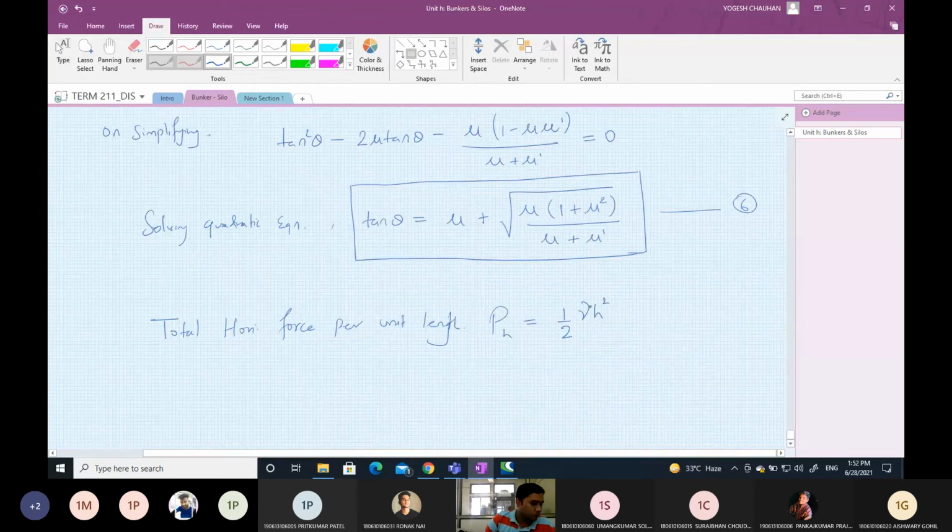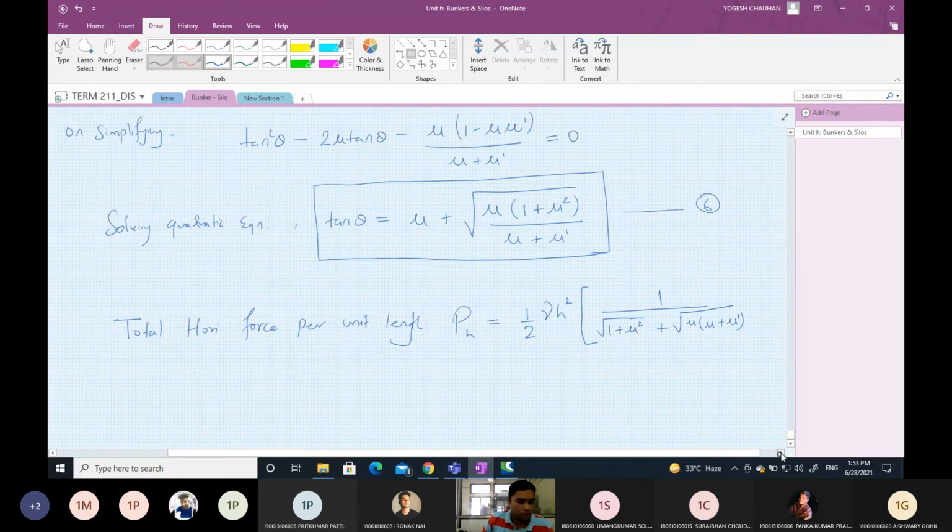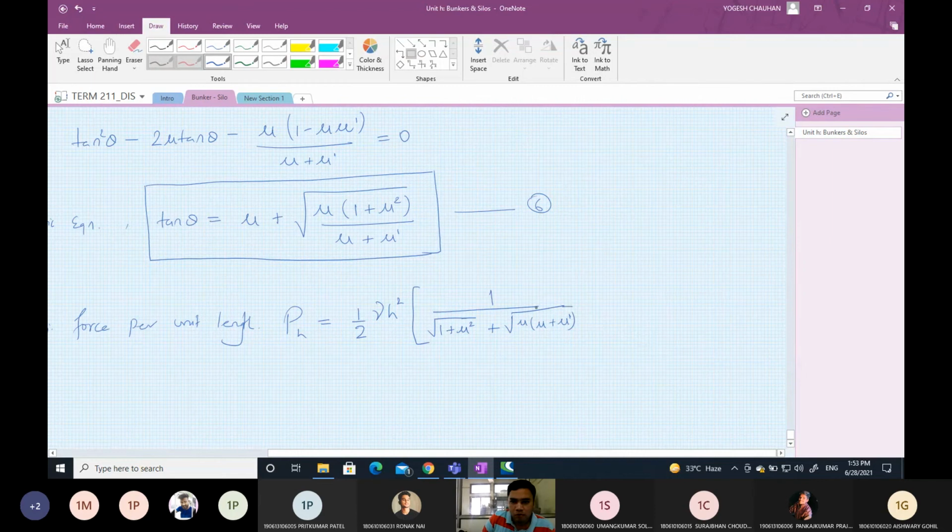PH is equal to 1/2 γ h² into 1 divided by 1 plus μ² plus μ times (μ plus μ') whole square.